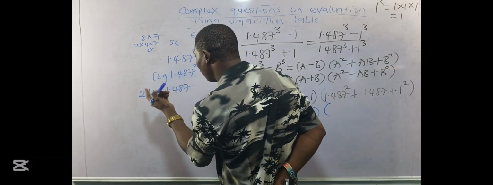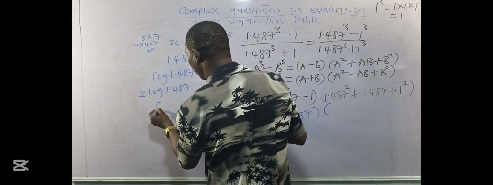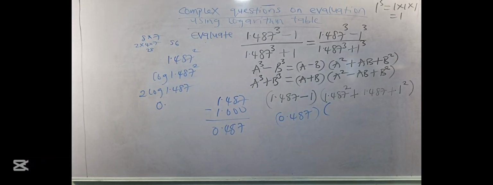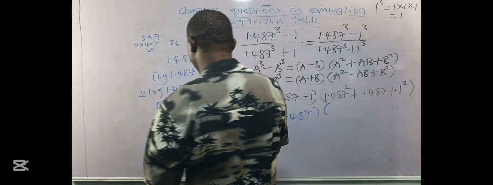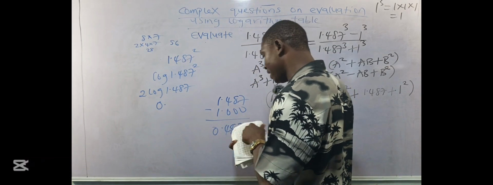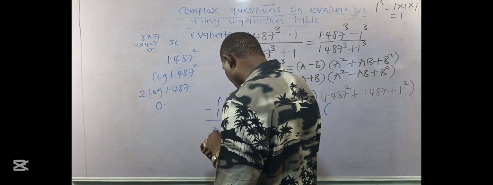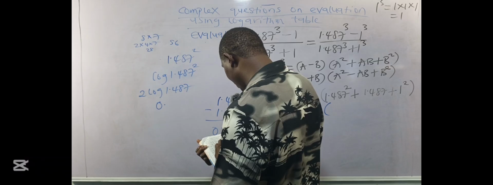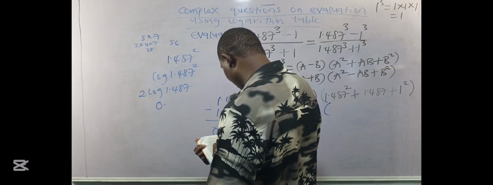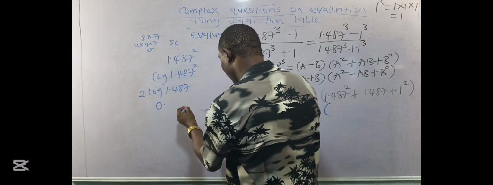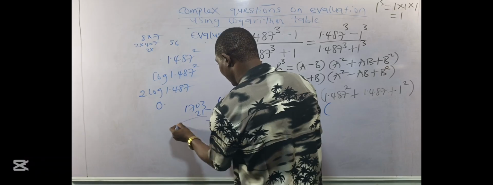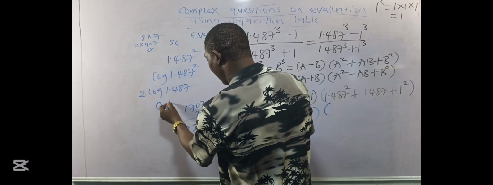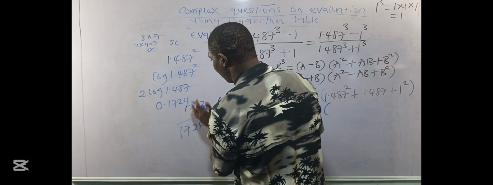Log of 1.487 first will give you 0 characteristics, point, and I'll have 14 under 8 difference 7. 14 under 8 is 1703. And difference 7 is 21. 1703 plus 21 will give me 1724.